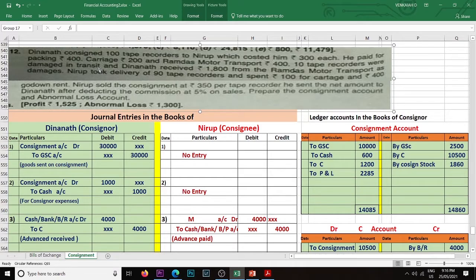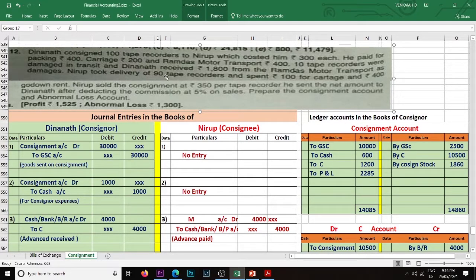Then he received 800 from Ramdas Motor Transport as damages. So 10 tape recorders were damaged and Dinanath approached Ramdas Motor Transport for claiming the damages, and out of the total loss, he received 800 as compensation or claim.